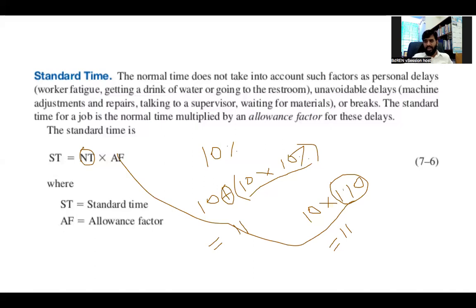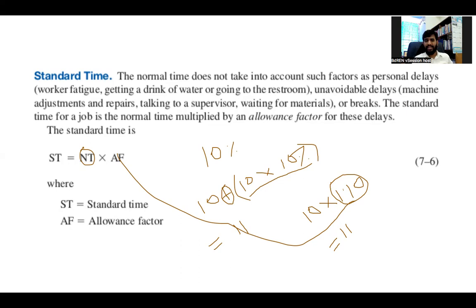So if you know the average cost per minute, say for example, the average cost per minute of a company is $1, and it takes 5 minutes to produce a product, what will be the making cost of that product?